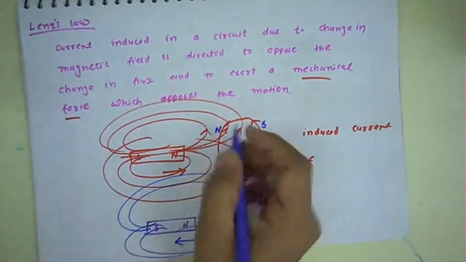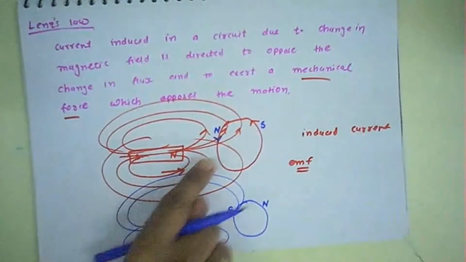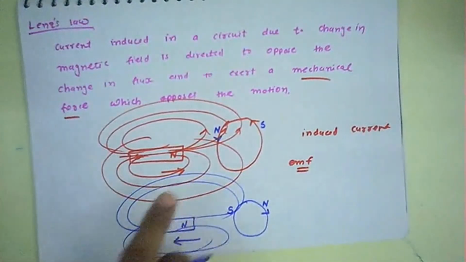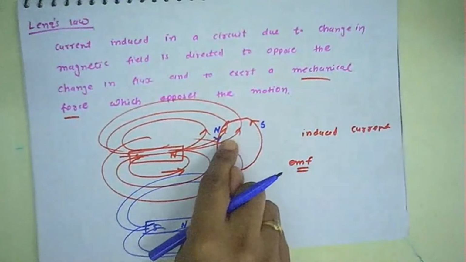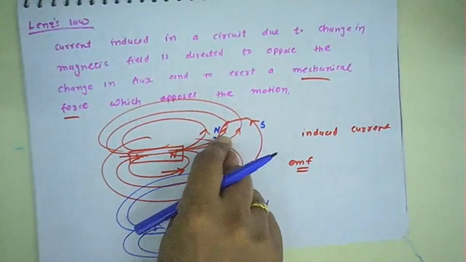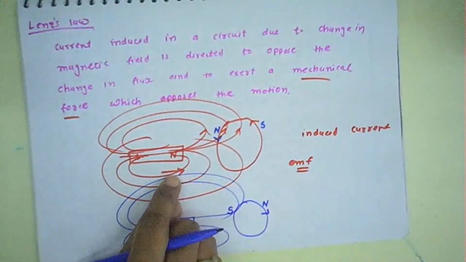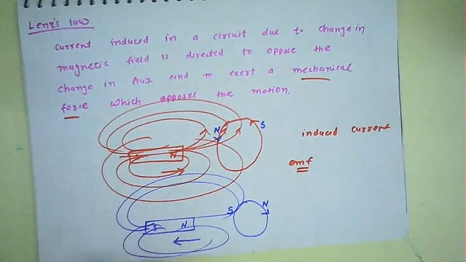As per Lenz's law, when we move towards, the current is anti-clockwise, and otherwise it is clockwise. The induced current opposes the change in the magnetic field line by applying a mechanical force in such a way that it opposes the way it is changing.